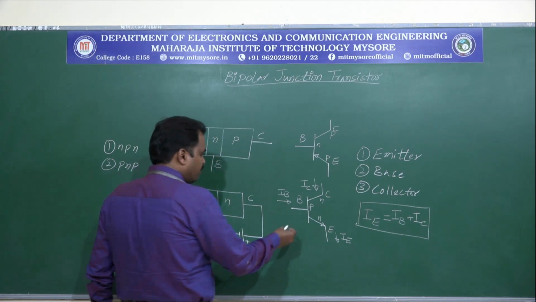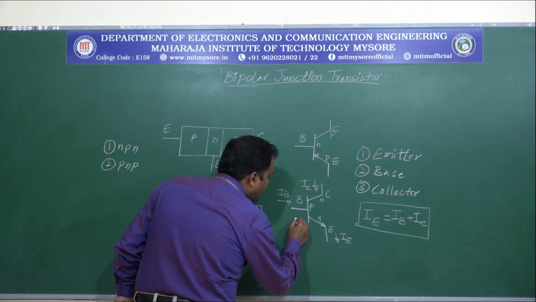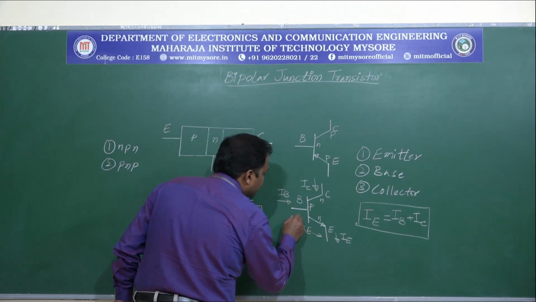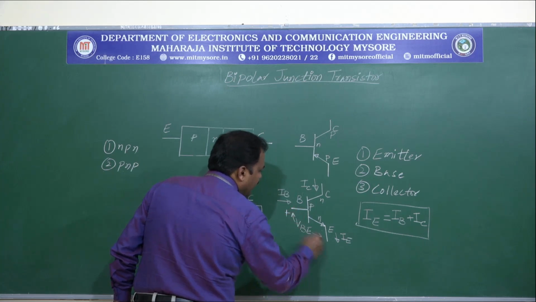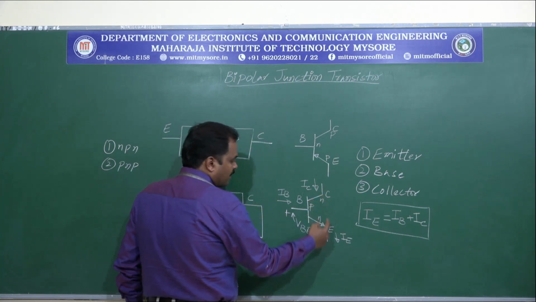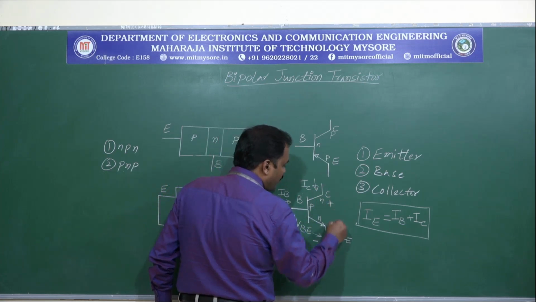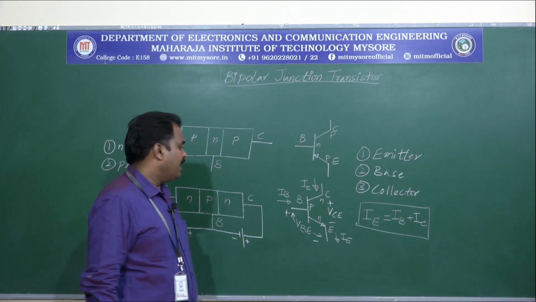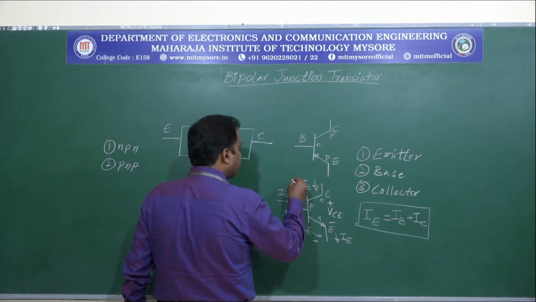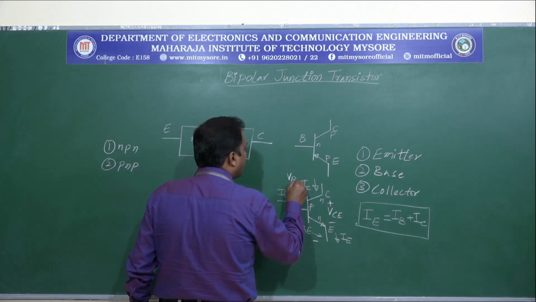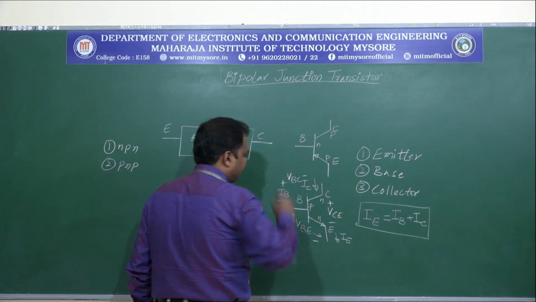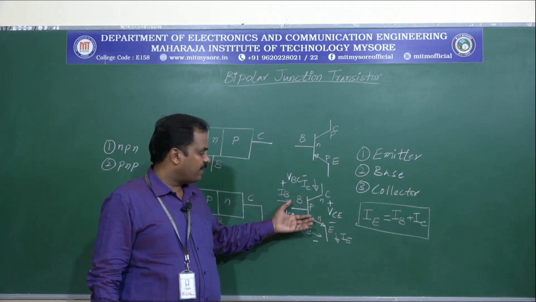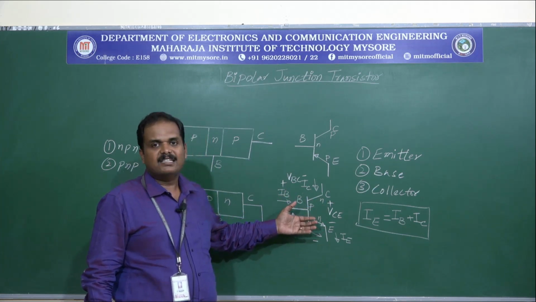And the voltage between the base and emitter will be represented as VBE, the voltage between collector and emitter will be called VCE, and the voltage between base and collector will be called VBC. So these are the voltages and currents associated with an NPN transistor.